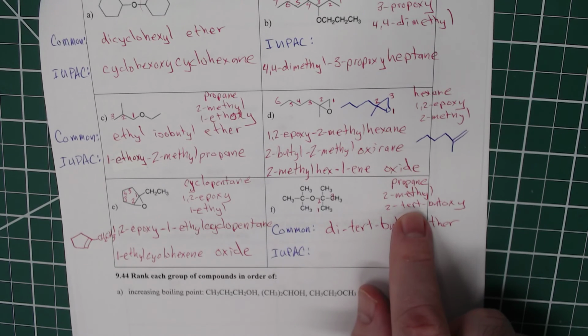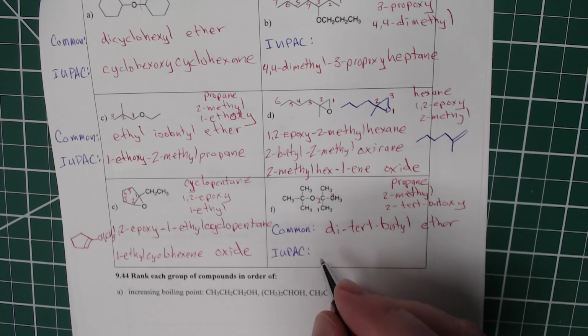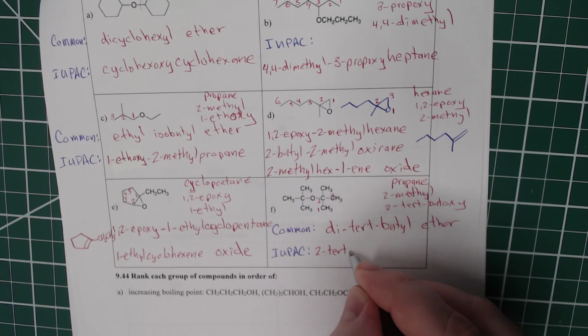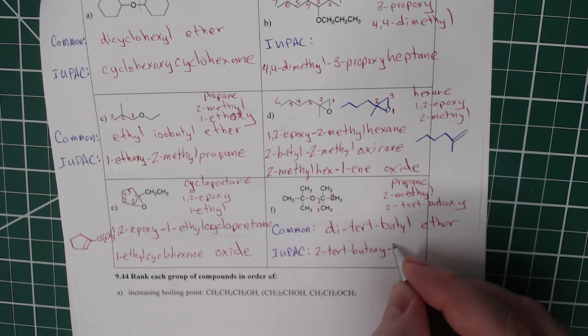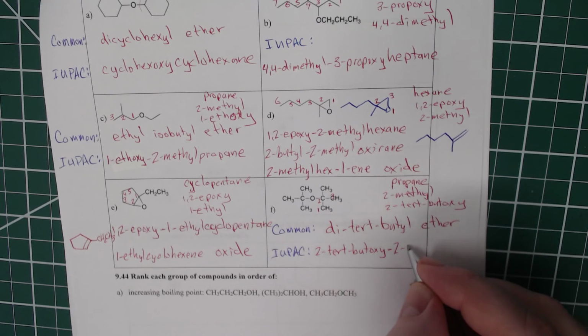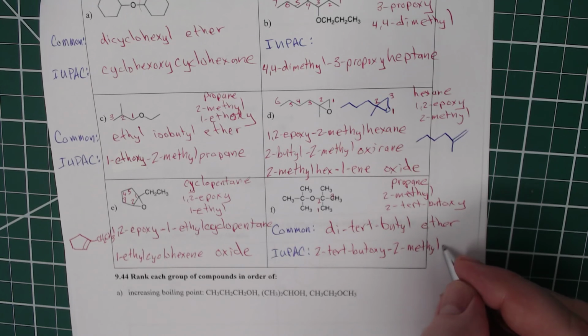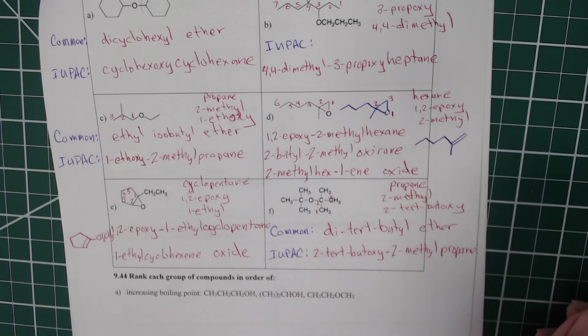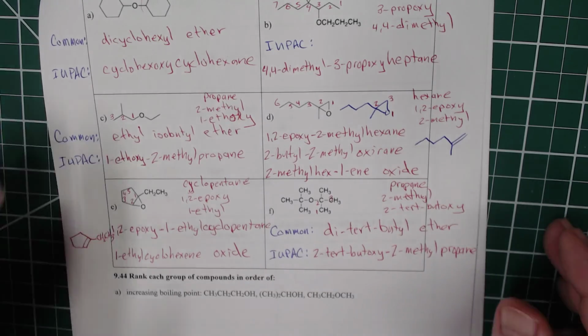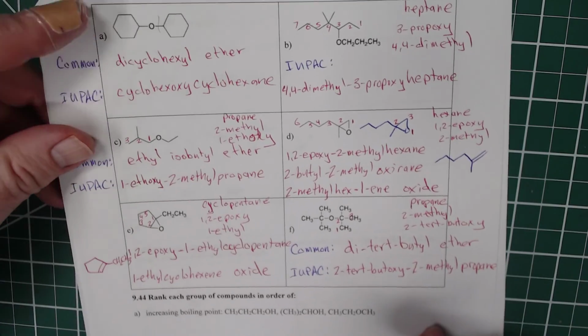Tert doesn't get included for alphabetizing purposes. So B comes before M. So this will be 2-tert-butoxy 2-methyl propane. So 2-tert-butoxy 2-methyl propane.